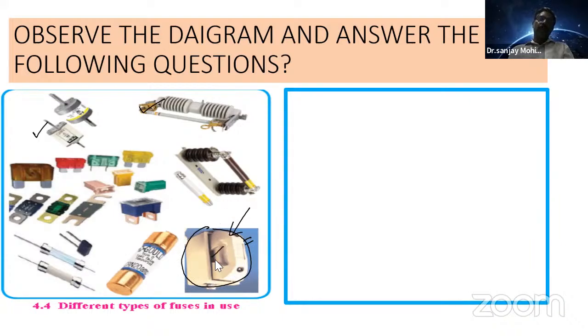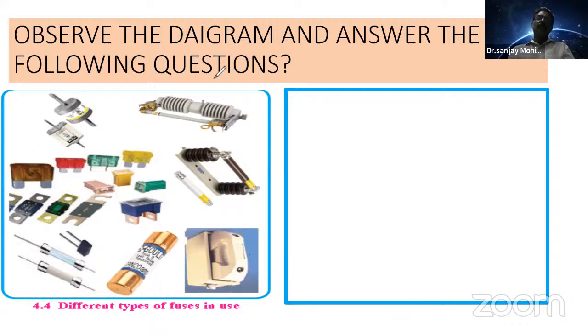Now this type of fuse is replaced by modern types of fuses. These fuses have different shapes and sizes, but the function is one and the same: if more than the permissible amount of current passes through the electrical circuit, to avoid damage, the fuse is used.